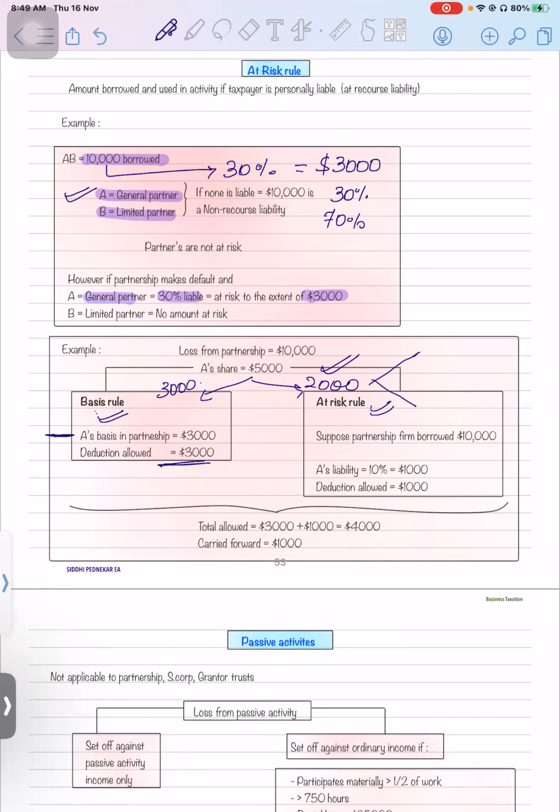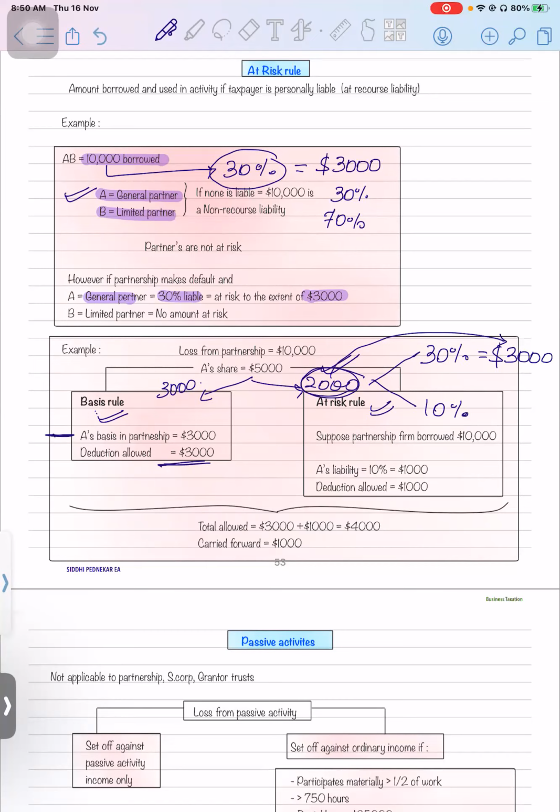Let's take both examples. 30% if Mr. A, the general partner, is liable for 30%. And the second example we will take if he is liable for 10%. Okay. In the first example, he is at risk for 3,000. So this whole 2,000 will be allowed as a deduction from this 3,000, and he will be still at risk for $1,000.